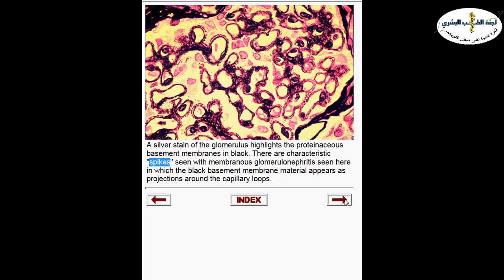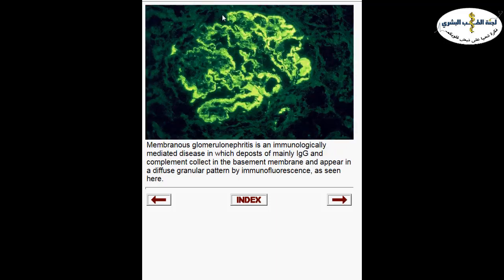basement membrane. Now we can also do immunofluorescence to look for the deposits. This is the IgG immunofluorescence. So we have diffuse membranous positivity, again granular positivity of variable intensity along the basement membrane due to deposits within the basement membrane in membranous glomerulonephritis.